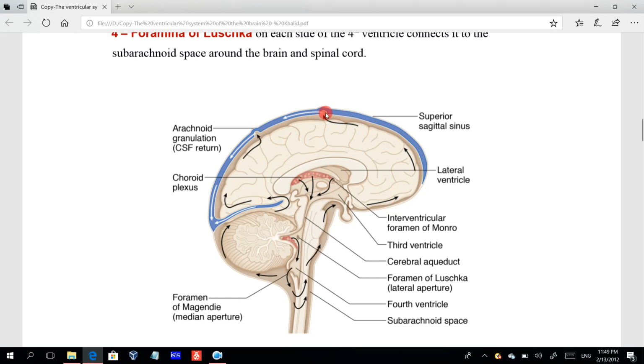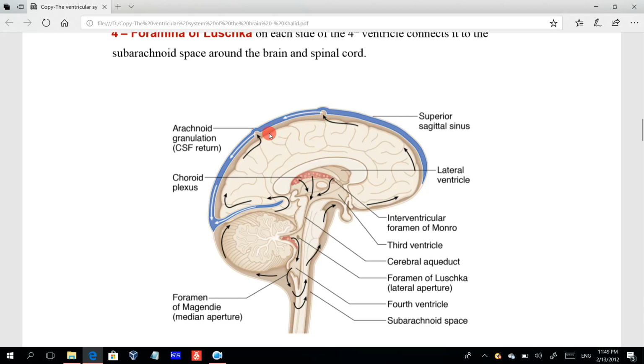These projections from the arachnoid mater are called arachnoid granulations, and through them the CSF is filtered as it runs around the brain tissue.